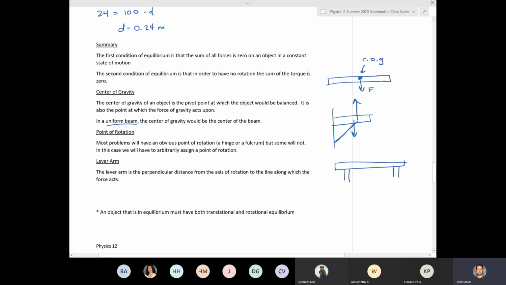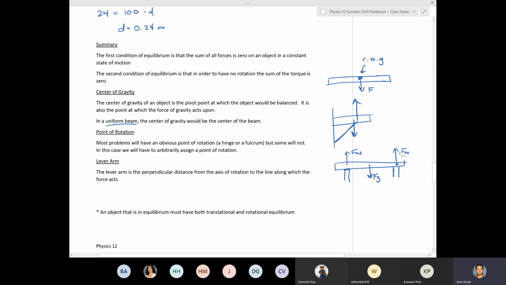Well, there's technically three forces acting on this beam. And let's say it's a uniform beam so that the center of gravity is in the middle. So FG is pulling down. And then this leg right here is supplying a normal force right there, and this leg right here is supplying a normal force as well right there.